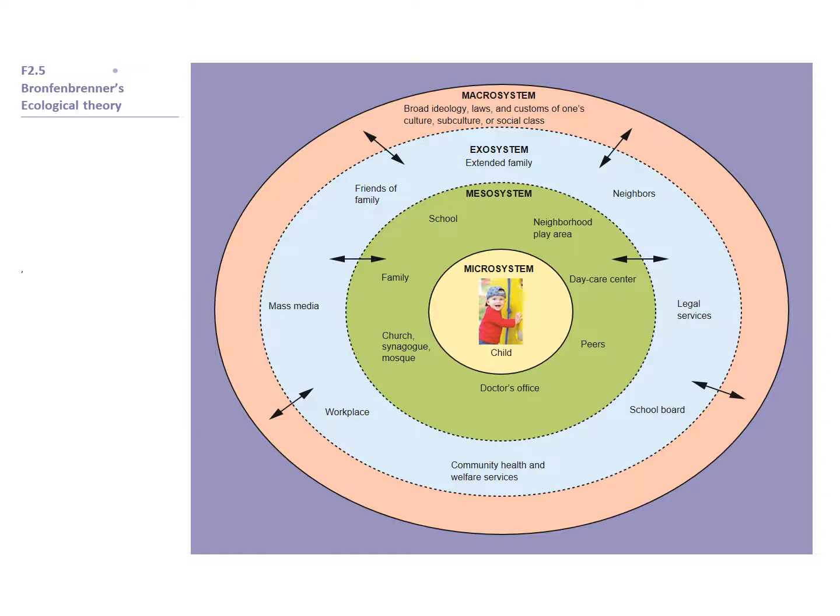Moving out slightly, you have other influences such as neighbors, extended family, workplace, mass media. All these, and you can read around the blue circle, are slightly less influential but still there. You can also see that the green circle has an impact on the blue circle.